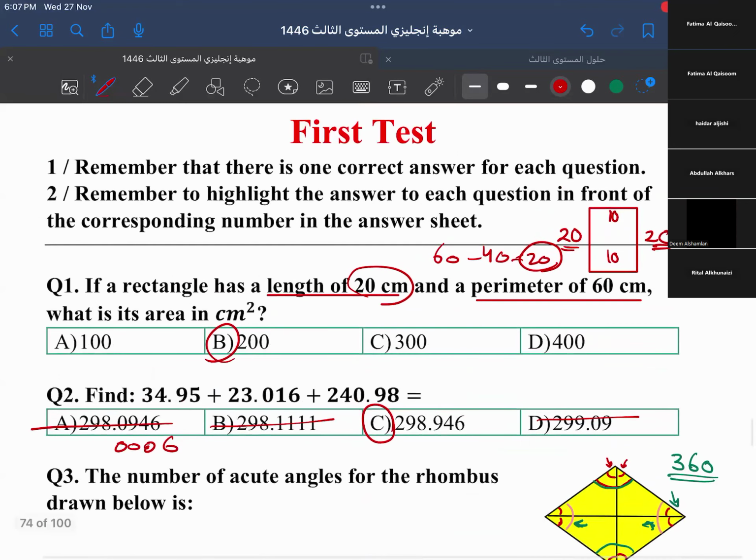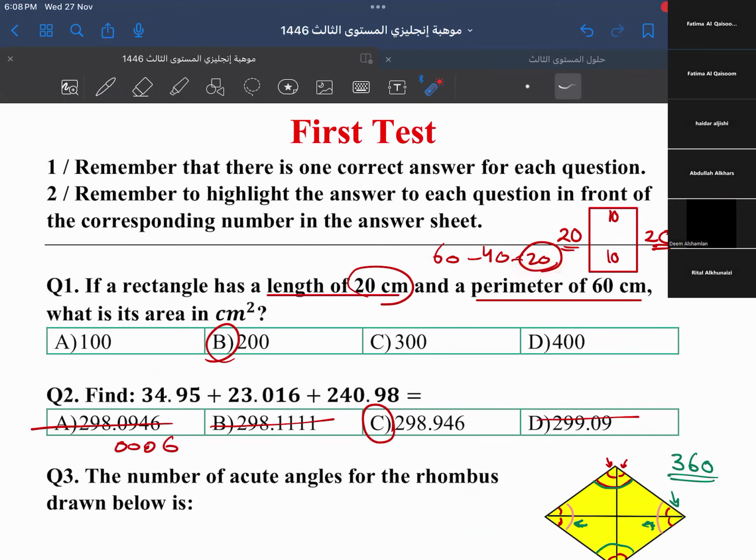So we saw here that the rectangle has a length of 20, but we don't know the width. So we used the perimeter to find the width of this rectangle by subtracting the total of the length. And we found that the rest is 20.